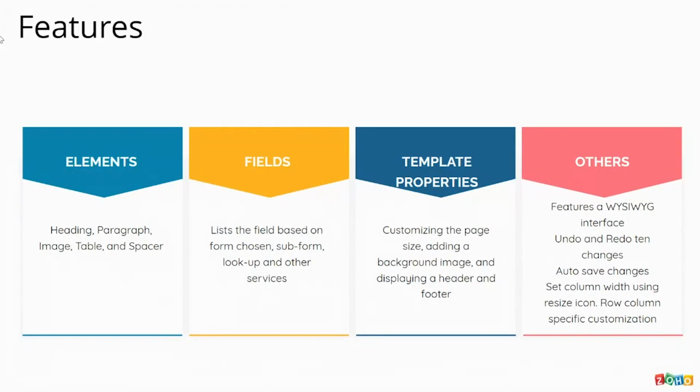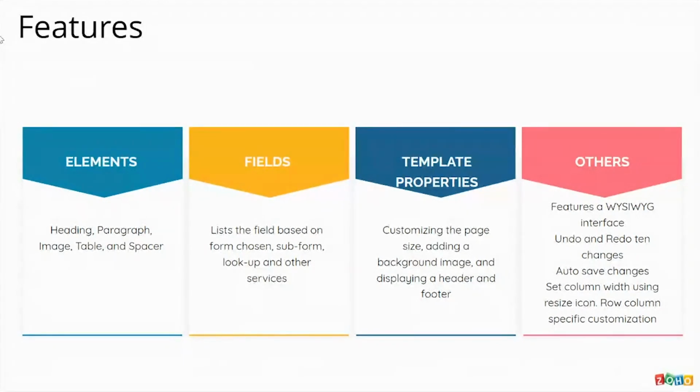And there are few template properties wherein it allows you to add the background image. It'll allow you to display a header and footer, customize size of the page. And also there are other options like auto saving option. Whatever changes you do, it'll get saved automatically. Last 10 changes, you can undo and redo.